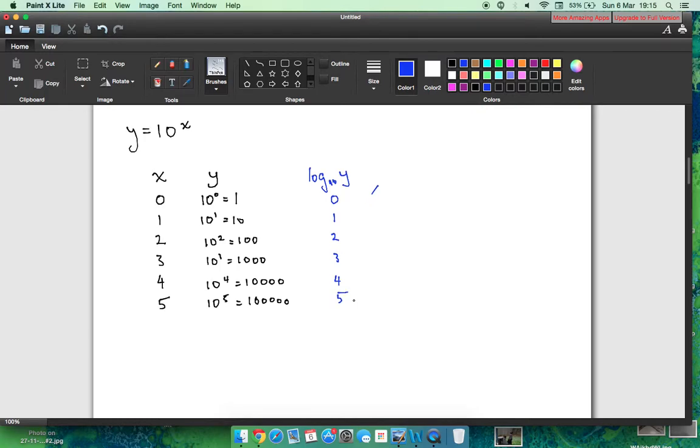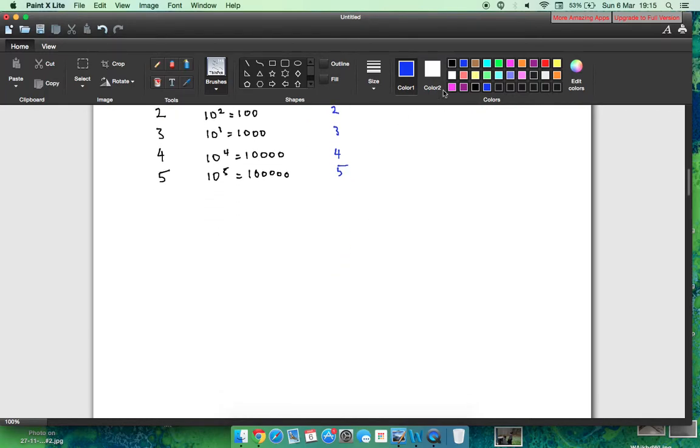Let's consider a very similar function, slightly different. Rather than y equals 10 to the power of x, let's consider y equals 2 to the power of x. So again, I'm just going to quickly draw up a table of values. So x I will let equal 0 through to 5.